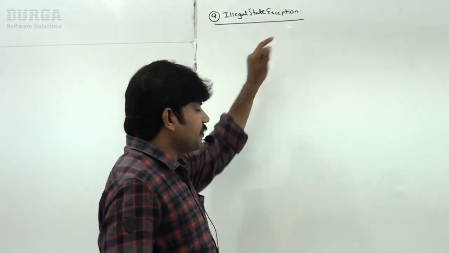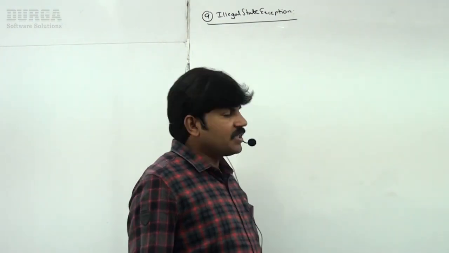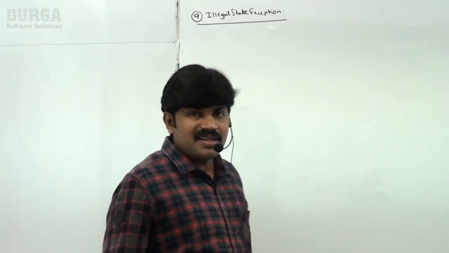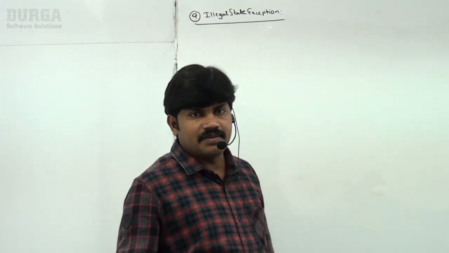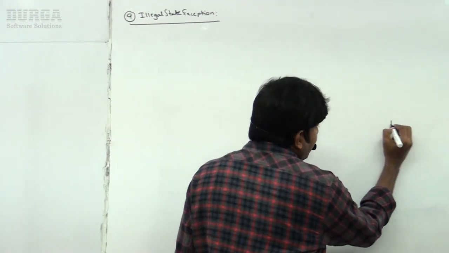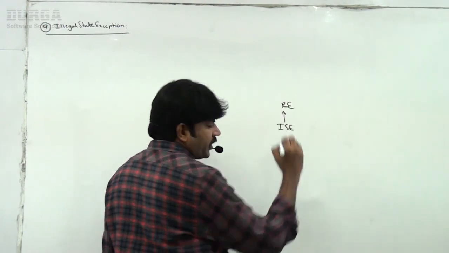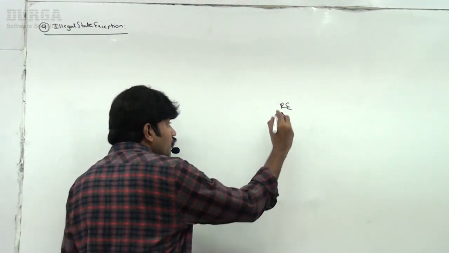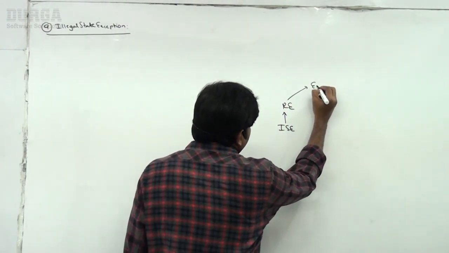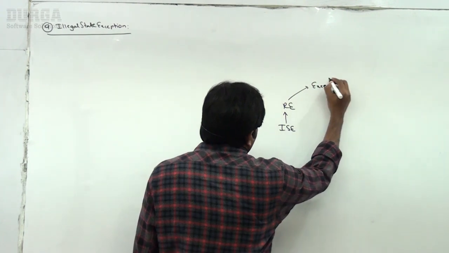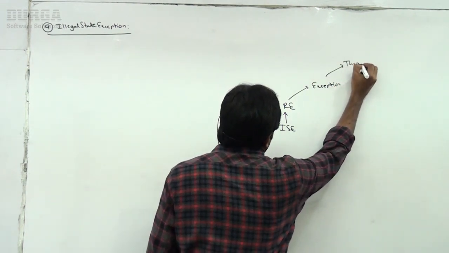The ninth one is IllegalStateException. The name itself indicates it, have you observed? IllegalStateException is the child class of RuntimeException, which is the child class of Exception, which of course is the child class of Throwable.